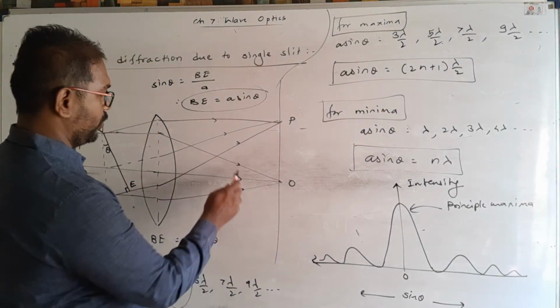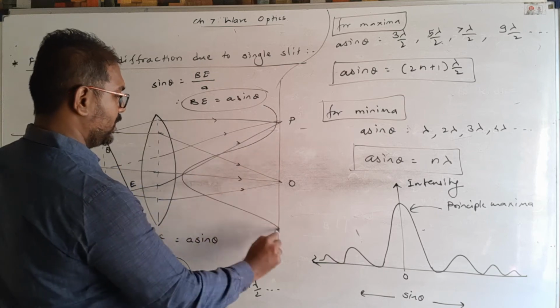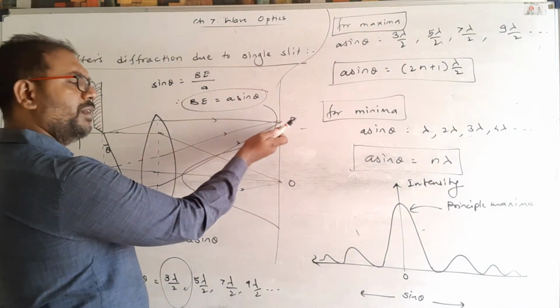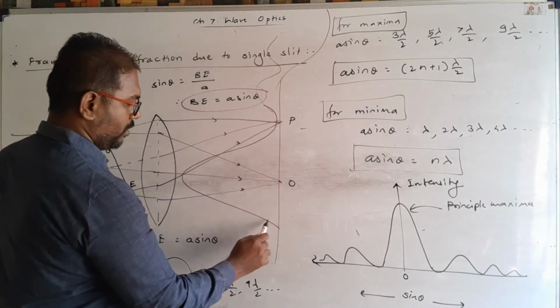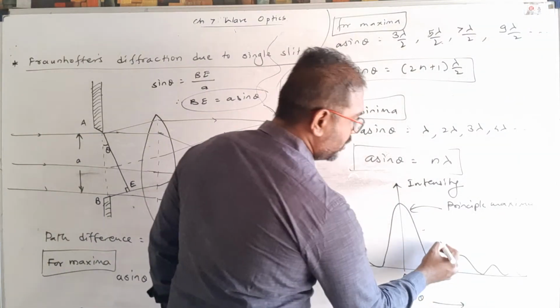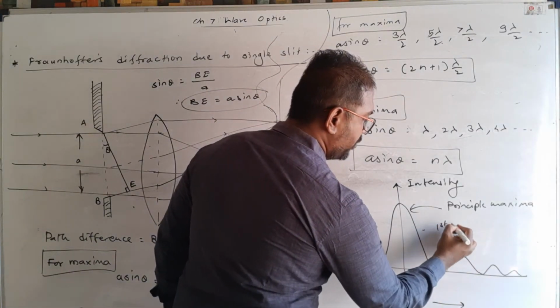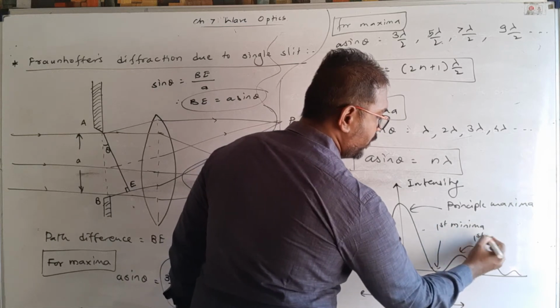I can show it here also. So here we get the principal maxima, and then here maybe a minima, or I can take a first maxima also, and so on, like this. Then this is the first minima. So this is the first maxima.